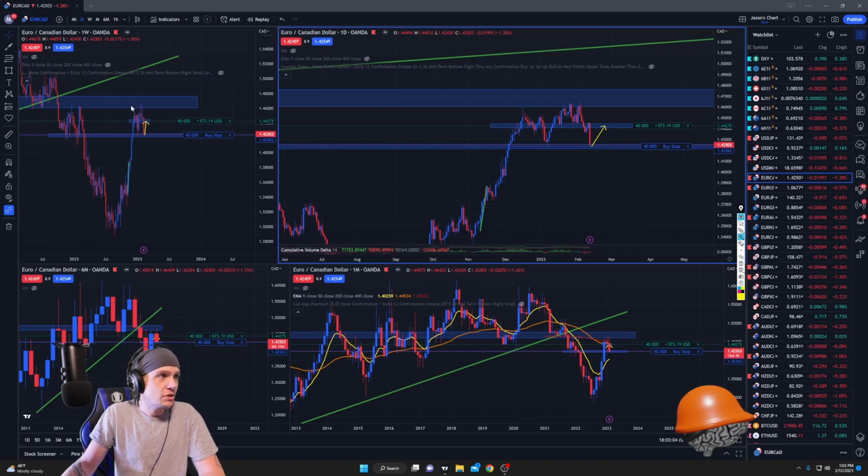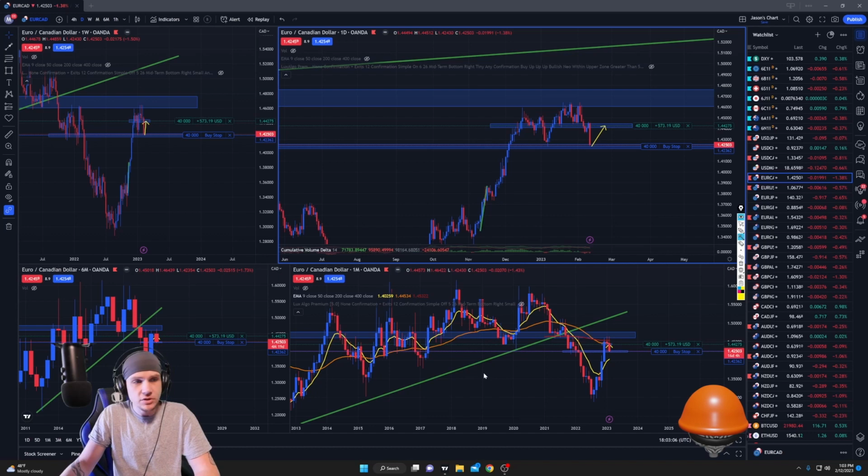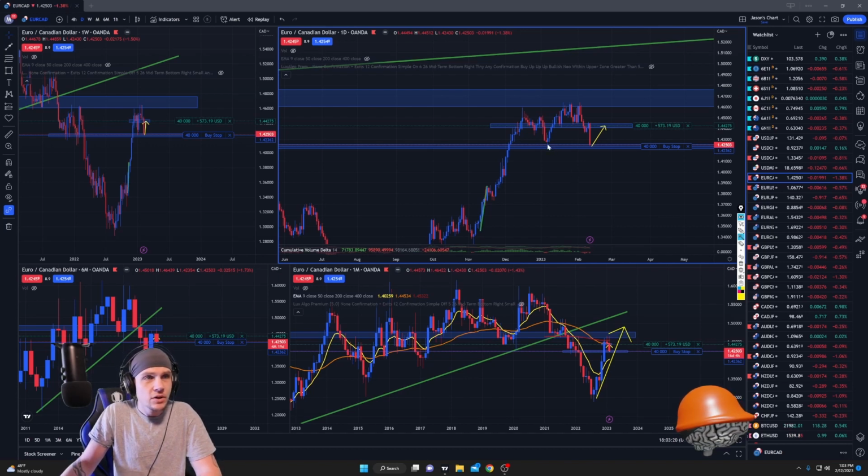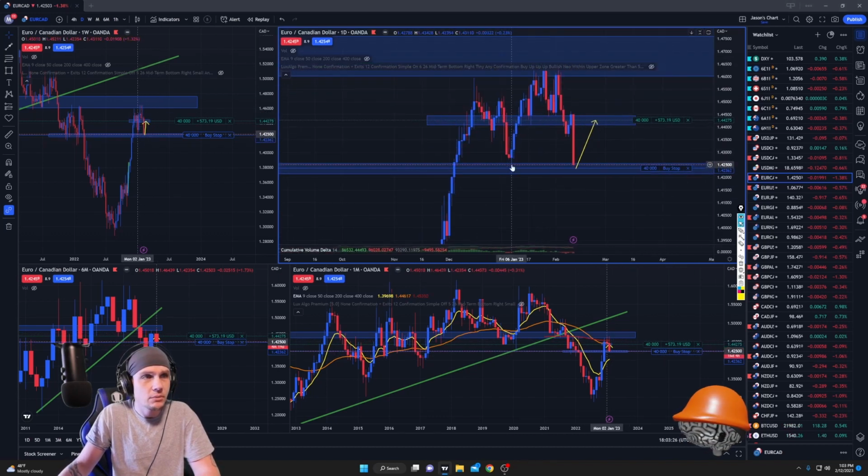This could be just a correction. We have this long-term support trend line that we broke out from, and we have not retested that level yet. And it is still technically in an uptrend. So I'm just going for a bounce.